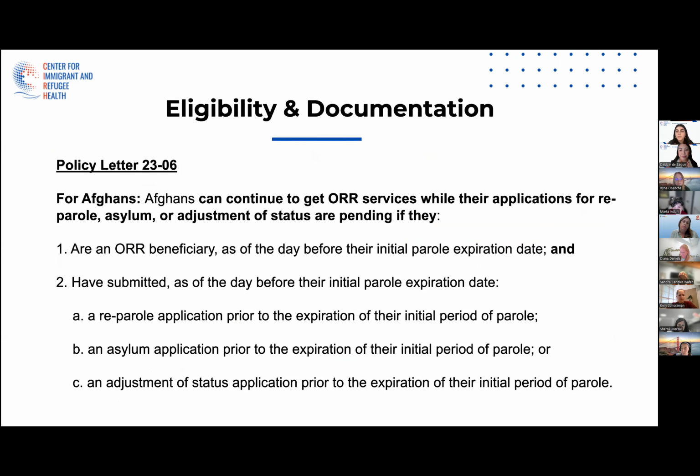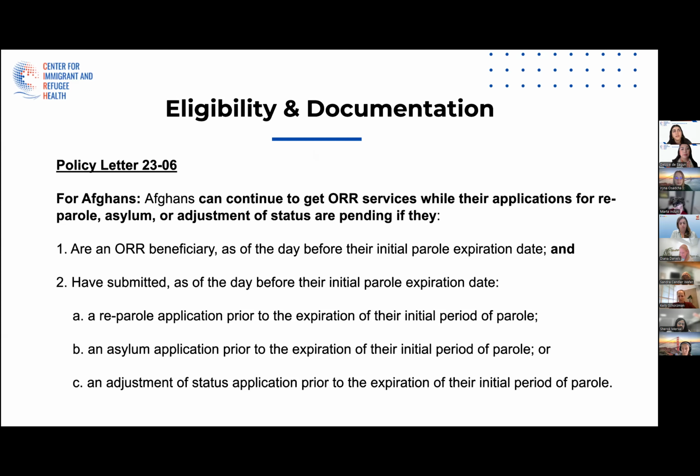Okay, and just a special final note on Afghans is that they can continue to receive ORR services while their applications for parole, asylum, or any other adjustment of status are pending, if they submitted a reparole, asylum, or adjustment of status application prior to the expiration of their parole.